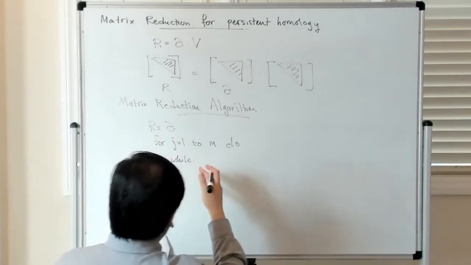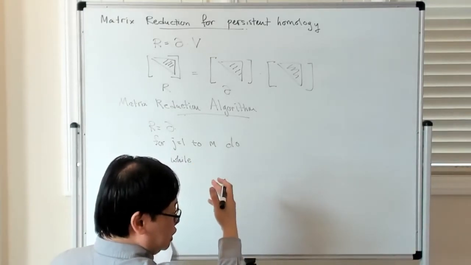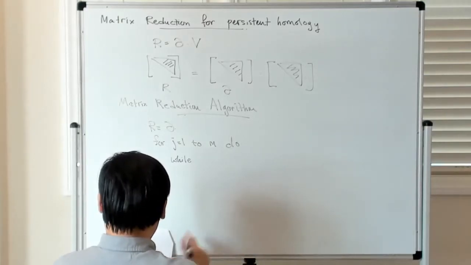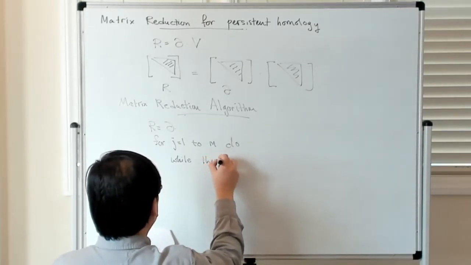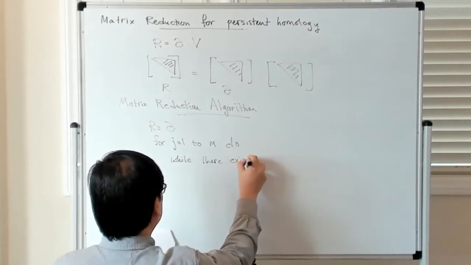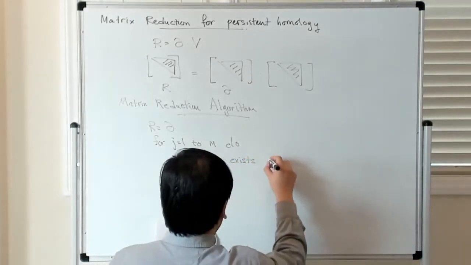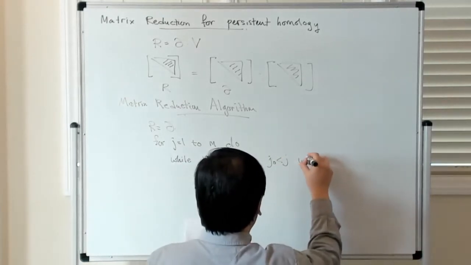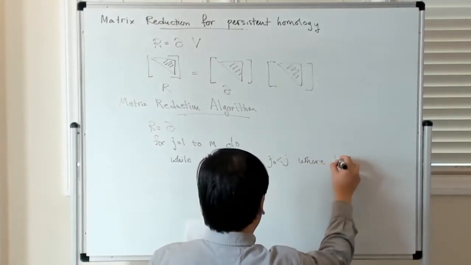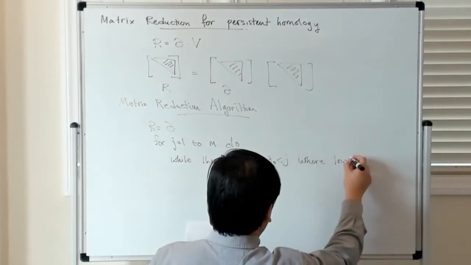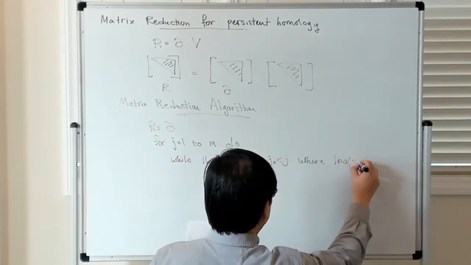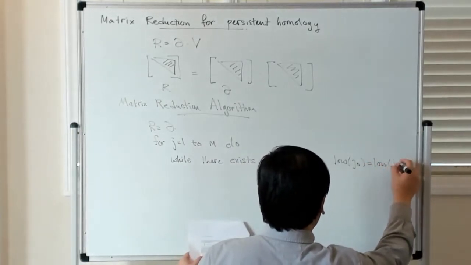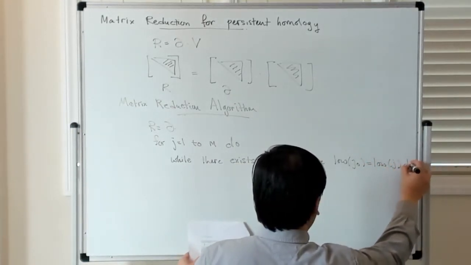While the matrix up to that point is not in reduced form, that is, while there exists some j0 less than j where the lowest one of j0 is equal to the lowest one of j, you do the following. That's the condition.